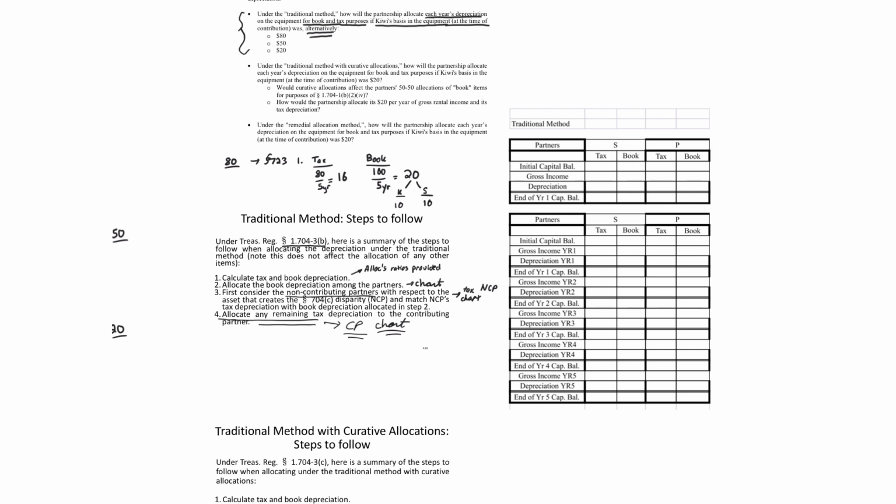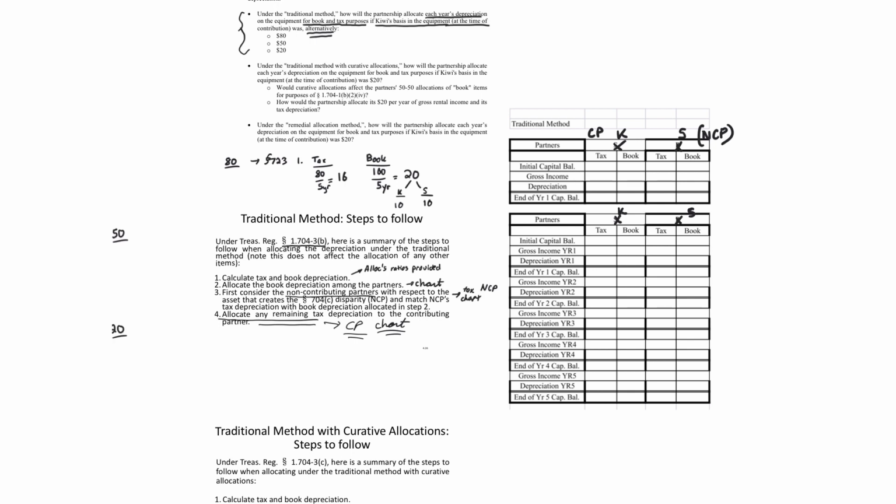So before we do that, we've got to put in their initial capital account balances. So S is Kiwi, and the P is meant to be Strawberry. The key is Strawberry is the non-contributing partner, and Kiwi is the contributing partner.